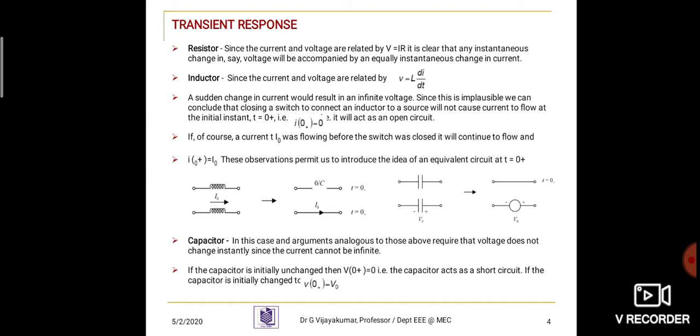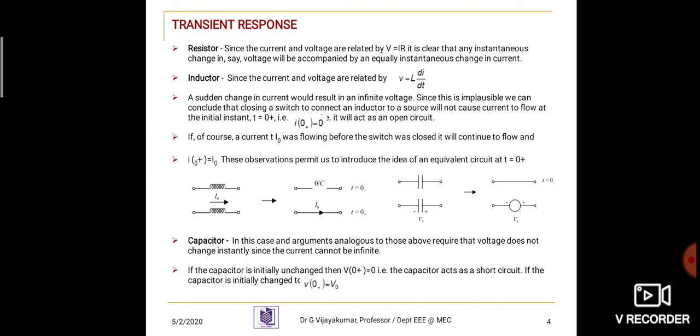Since this is impulsive, we can conclude that closing a switch to connect an inductor to a source will not cause current flow at the initial instant, that is defined as t equals 0. So before closing the switch, we are assuming the time to be 0 minus.